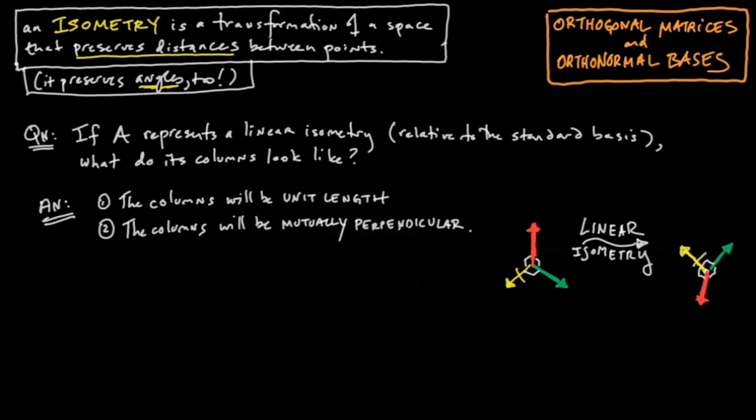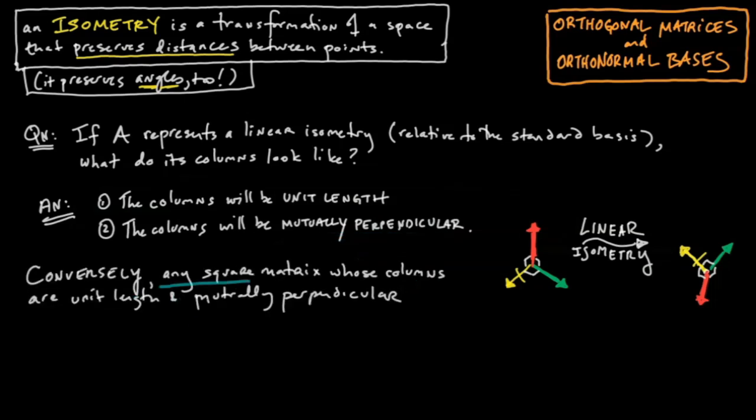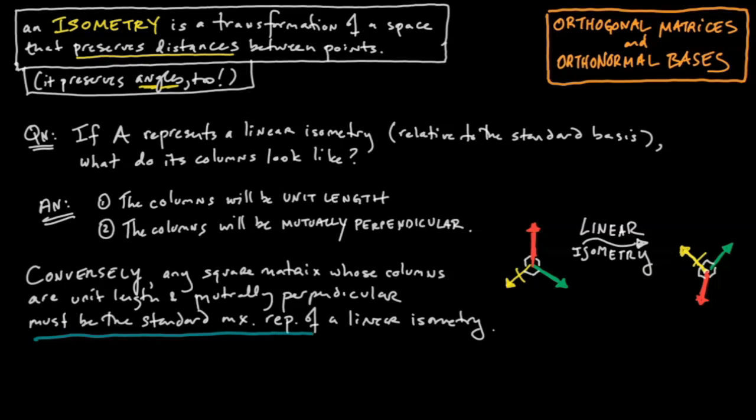And it's also fairly obvious that conversely, any square matrix whose columns are unit length and mutually perpendicular must be the standard matrix representation of a linear isometry.